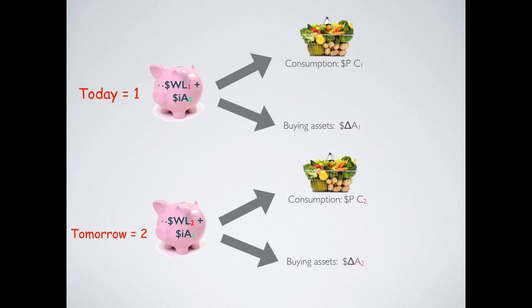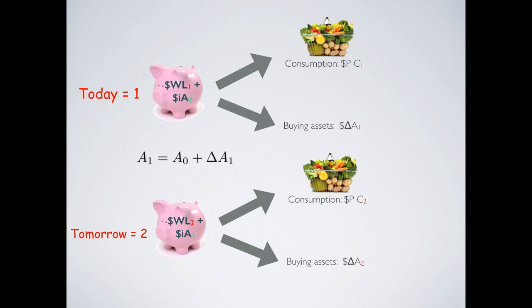Now we put two periods of household budget constraints together on the same slide. Then on this slide, if you look at tomorrow's budget constraint, you will notice that the asset income IA1 has a component of initial asset A1, which actually comes from today's decision, which is delta A1.